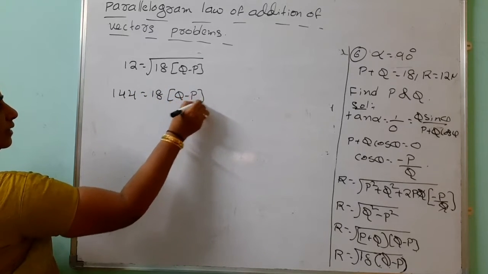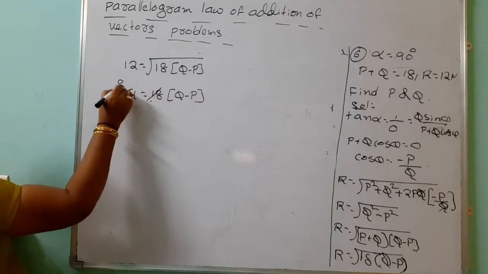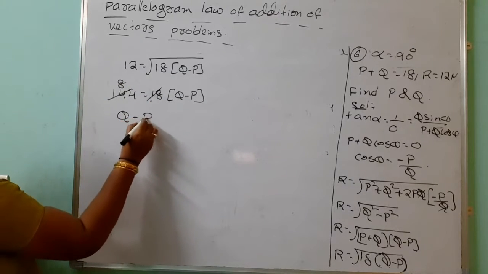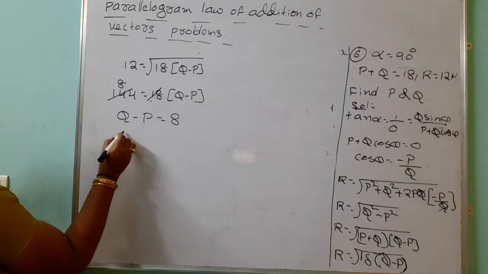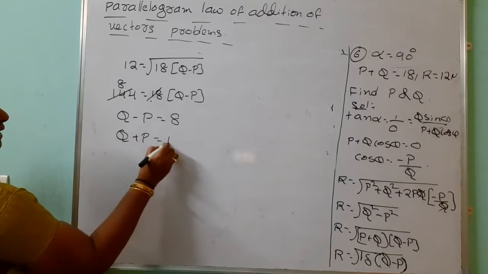After simplification, Q minus P equals 8. Already we know that Q plus P equals 18.